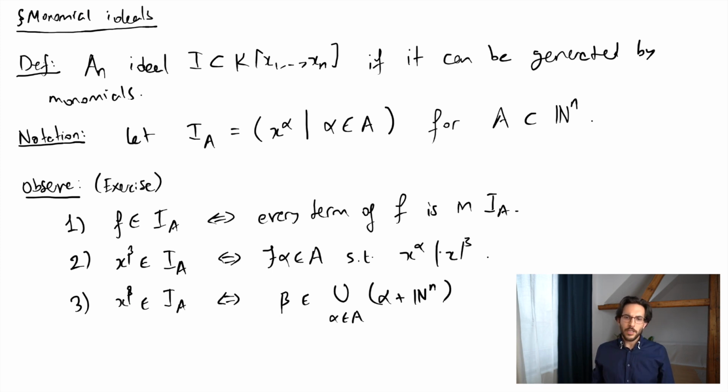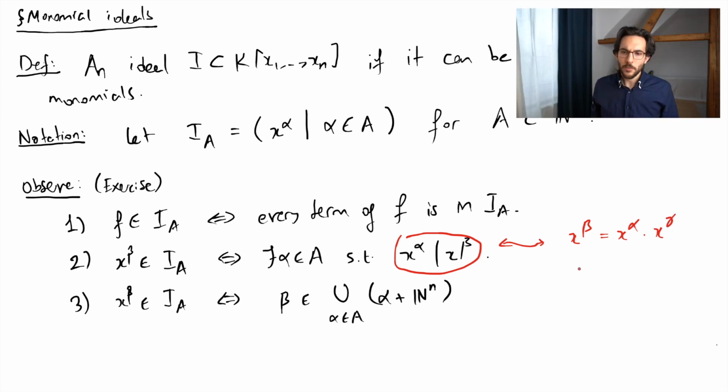So here, the expression x to the alpha divides x to the beta just means that x to the beta is x to the alpha times x to the gamma. In other words, beta is alpha plus gamma, which of course is inside alpha plus N^n. Right, so I've rewritten this expression, but this is perhaps a little bit more visual, and we will put this to good use. And I claim that these three properties completely describe a monomial ideal.